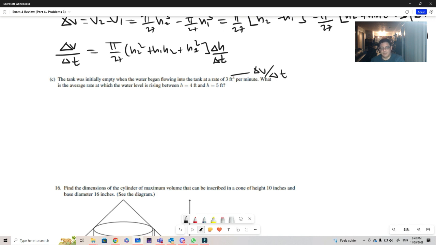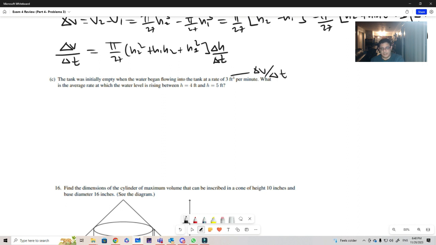And since it's per minute, it's a measure per a measure of time. So now, what is the average rate at which the water level is rising between h equals 4 and h equals 5? This is giving me the information here for this h2 and h1.